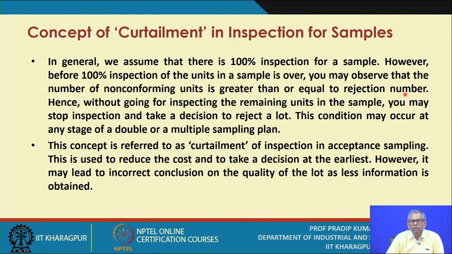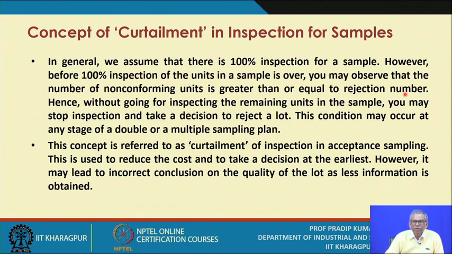When you inspect the 10th unit, you find that the total number of non-conforming units you have come across is more than the acceptance number. Suppose it's a single sampling plan. That means you don't need to inspect the remaining 15 units.